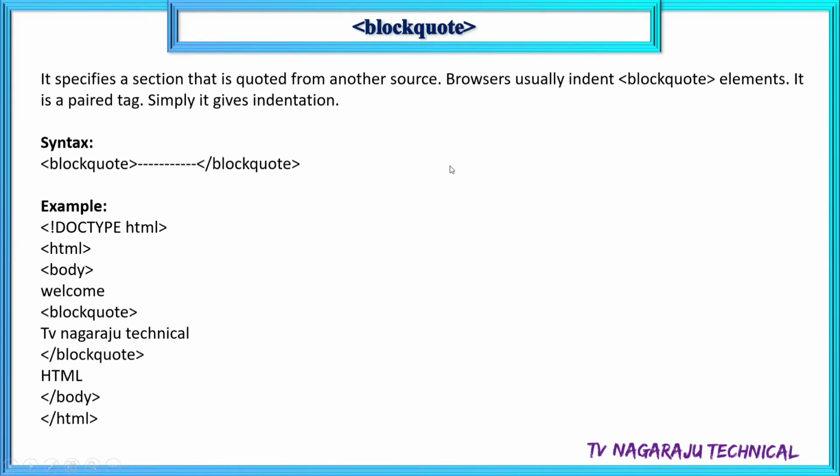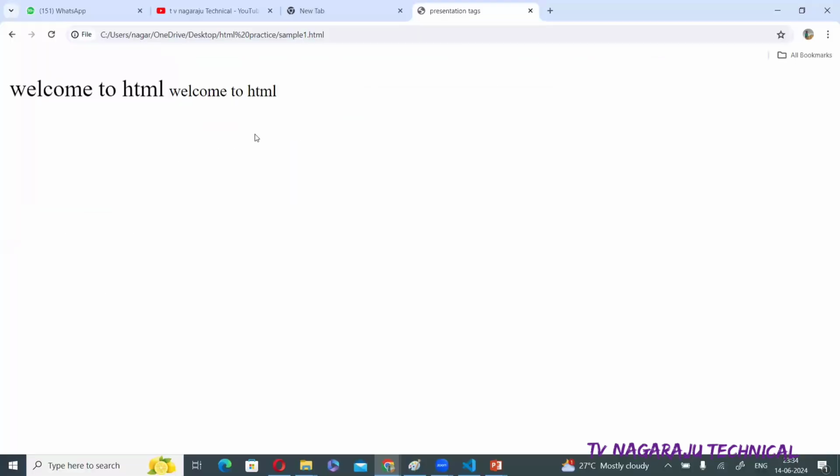Now, blockquote. This tag plays a very important role. Remember, blockquote purpose is simply, see this one, a section that is quoted from another source. I think it seems confusing. Simply, blockquote is used to give indentation to your text.